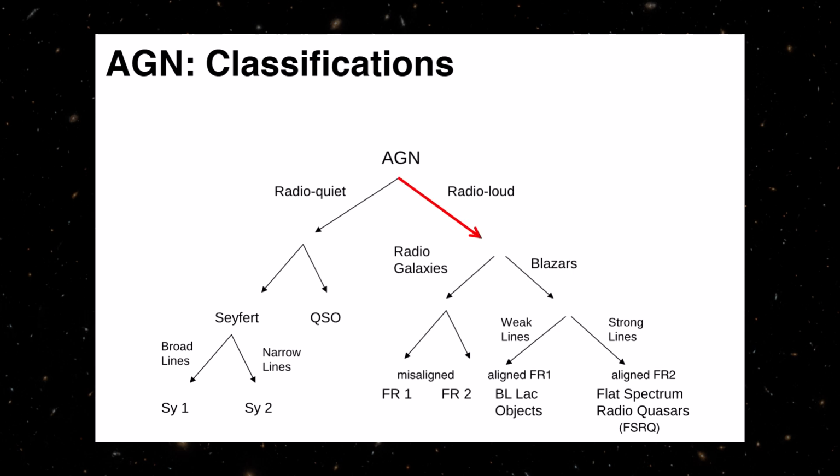So we go off to the right there. We ask ourselves, is this a radio galaxy or is it a blazar? If we remember from the modules, blazars have the AGN jets that are pointed directly at us, so they look really bright. And as you remember in the photos, we could actually see the jet coming off to the side. So we're going to just label that as a radio galaxy.